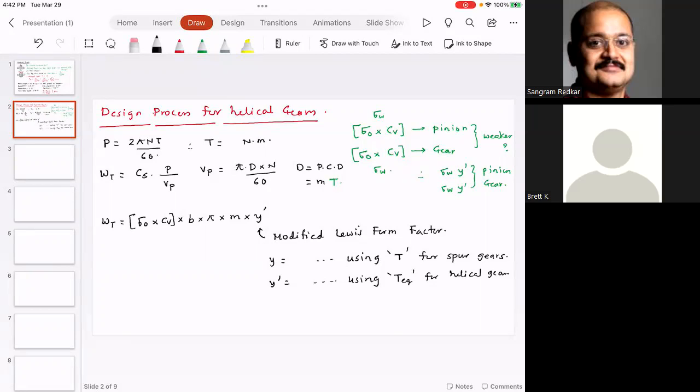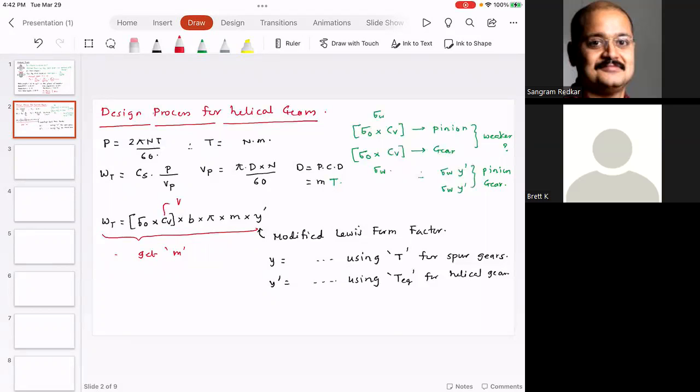And typically, the face width B will be given in terms of module. So from this entire equation, we will get the value of module. And once we find the value of module, the basic dimensions are known. For CV value, you can use the CV value for the spur gear.